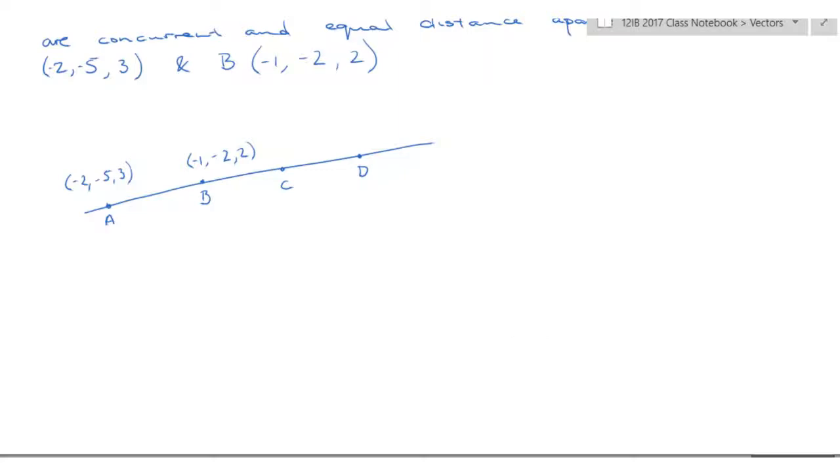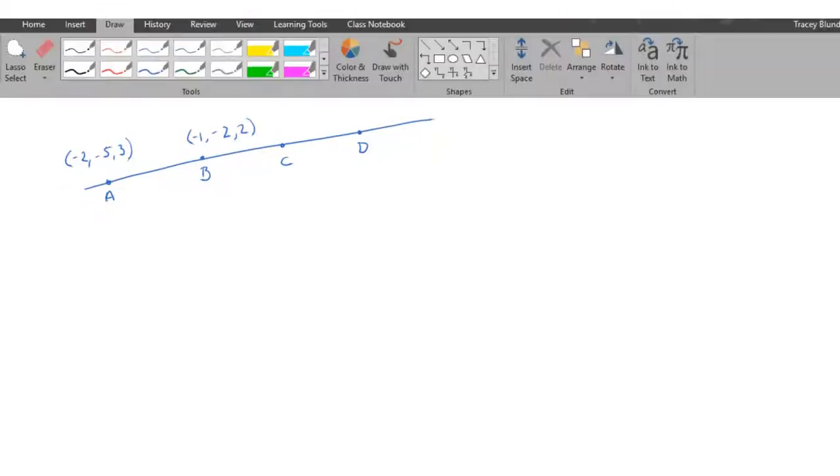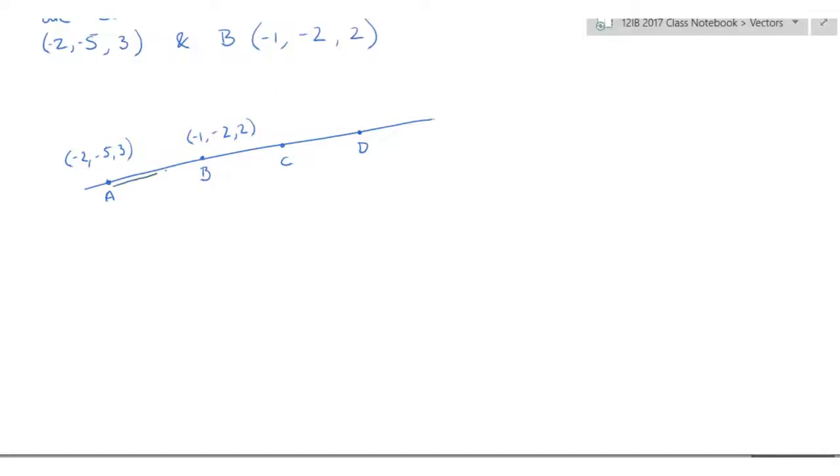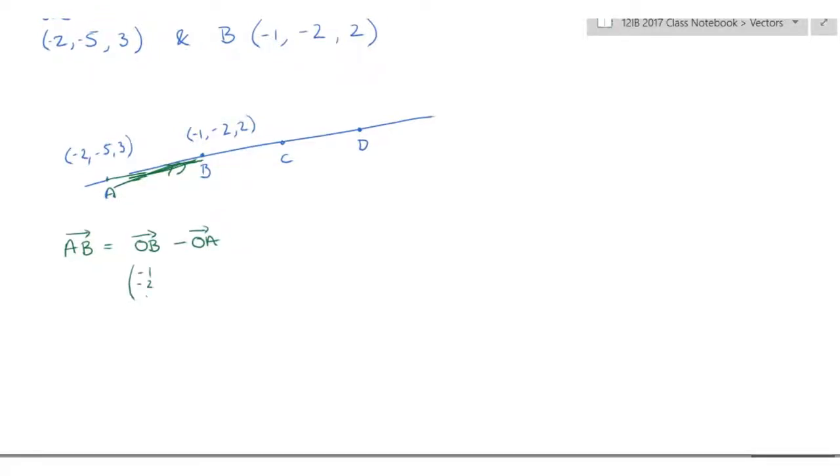So to find C, what we need to do first, I'm going to change pen so we can see what's going on, is find this vector AB. So vector AB, remember we were looking at this previously, would be OB take away OA. Using the coordinates, OB is -1, -2, 2, and A is -2, -5, 3.